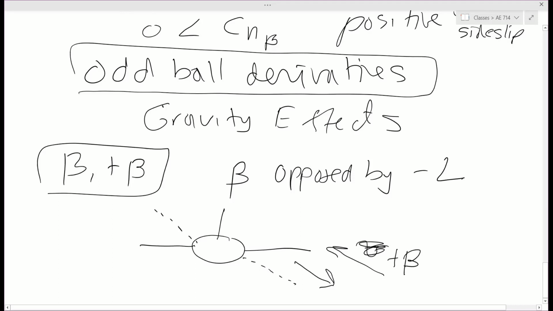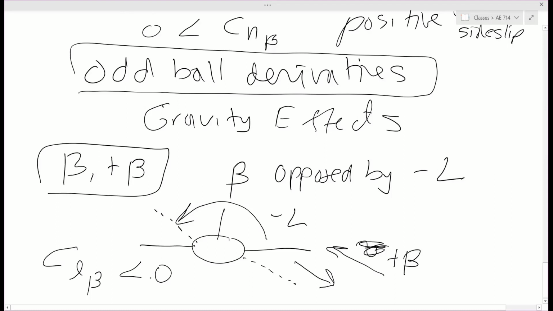Right, airplane moving to the right, the relative wind's coming in from the right. That produces a positive beta, and because we want this thing to roll back upright, we want that negative L. So in terms of a coefficient, I don't need to write because we've done so many of those. We want CL beta to be negative.